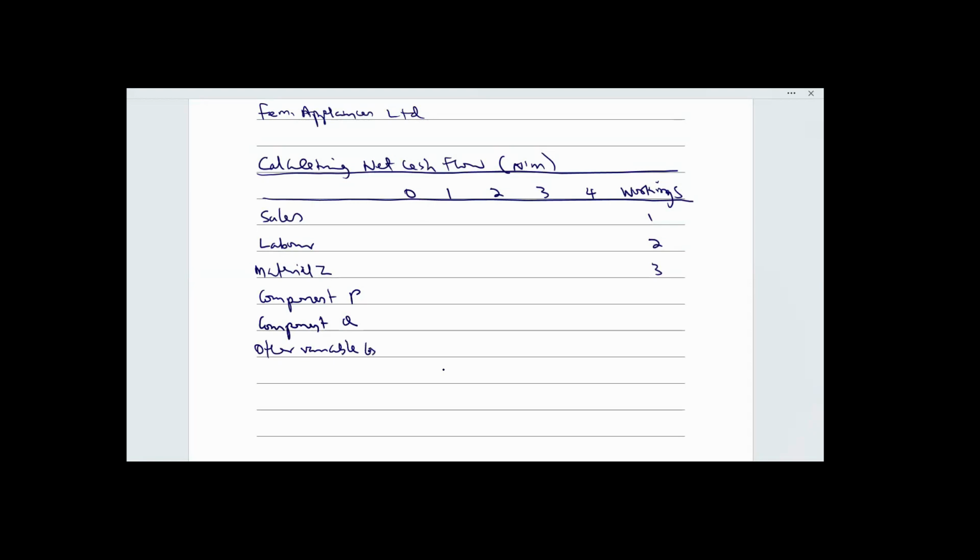Other variable cost is working number 4, 5, then 6.